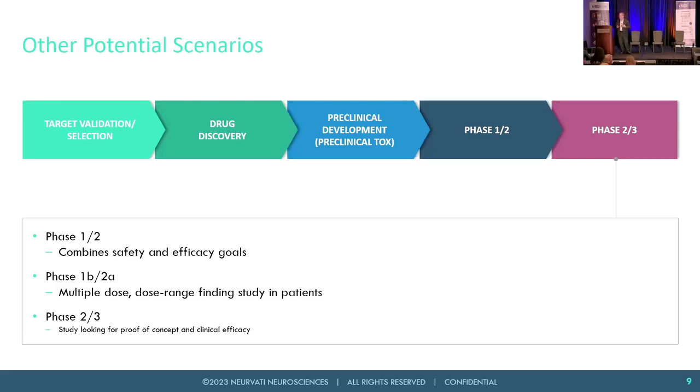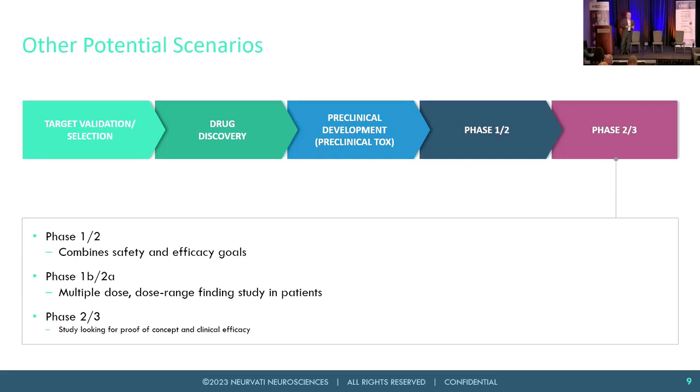Sometimes we combine phase 2 and 3. And this is extremely common in the rare disease space, because there are a limited number of people available to test the drug. So you want to minimize the number you have to use throughout the investigative process. And in a recent experience working with FDA, we sat down for a rare disease area, and we entered into a program at FDA called the Complex and Innovative Design Program.